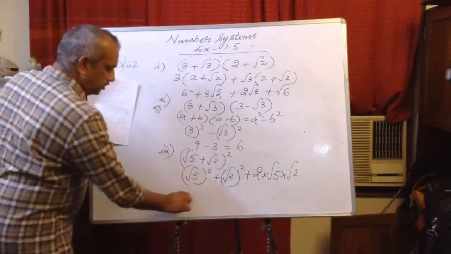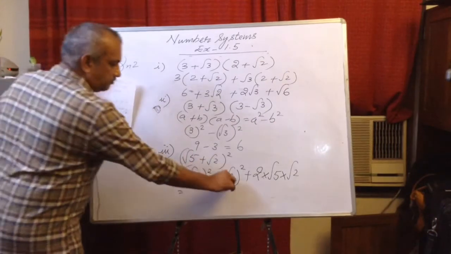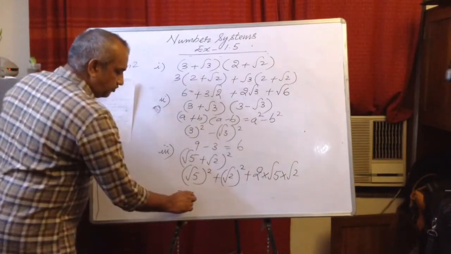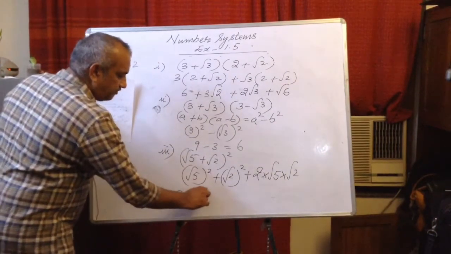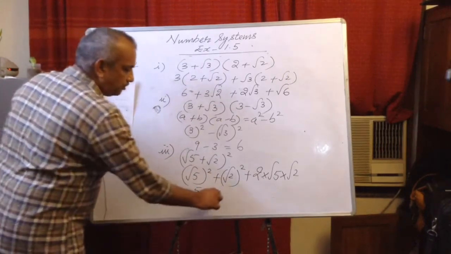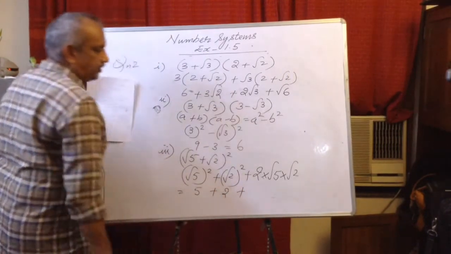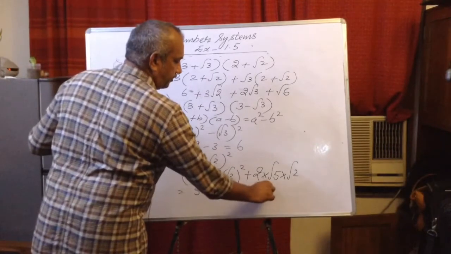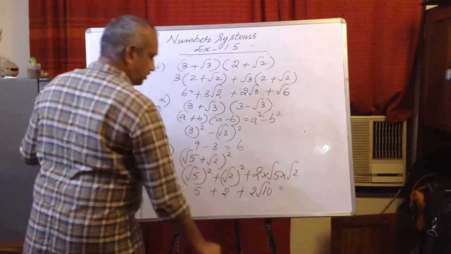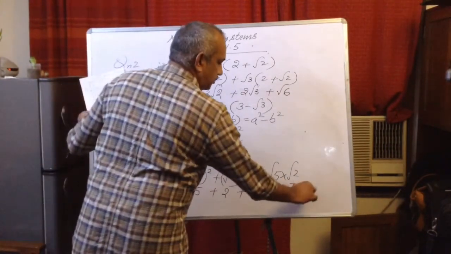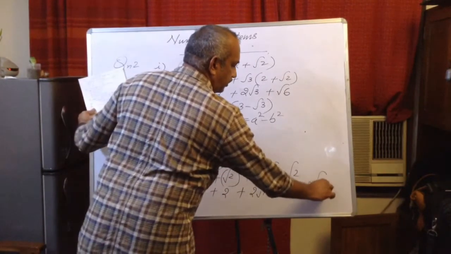So this is a square plus b square plus 2ab. Root 5 into root 5 is 5, plus root 2 into root 2 is 2, plus 2 root 10. So the answer is 7 plus 2 root 10.